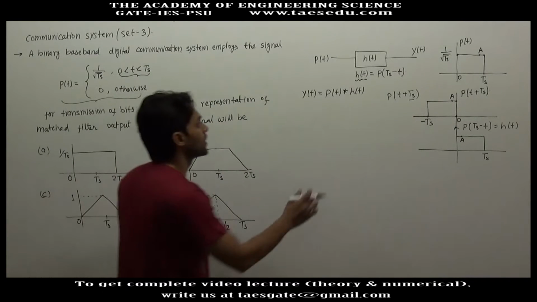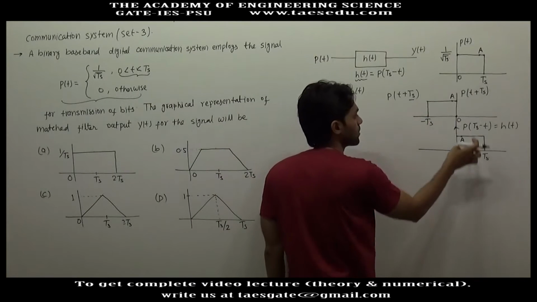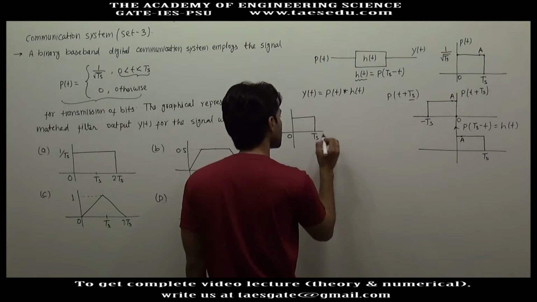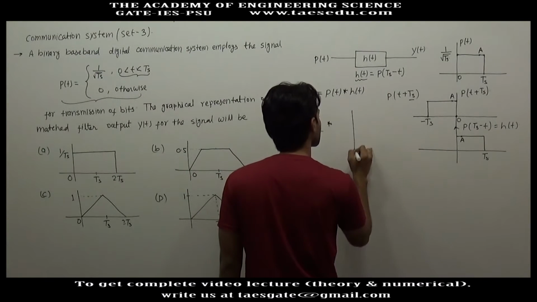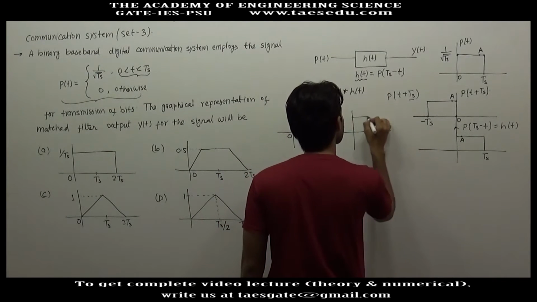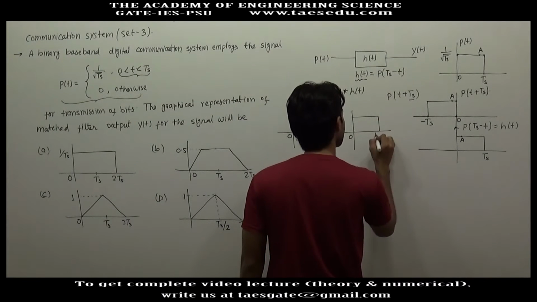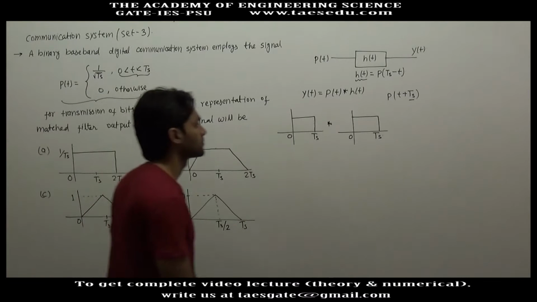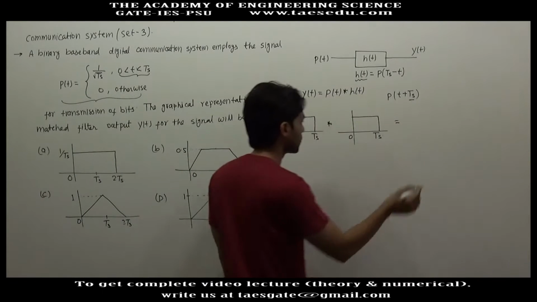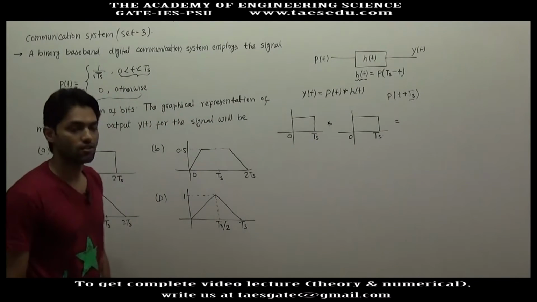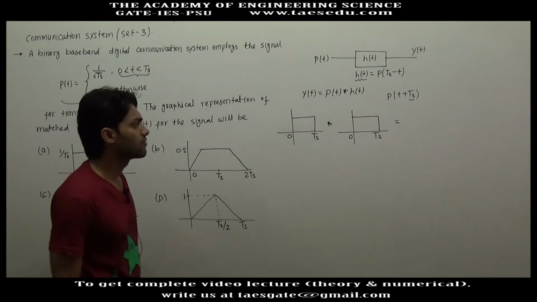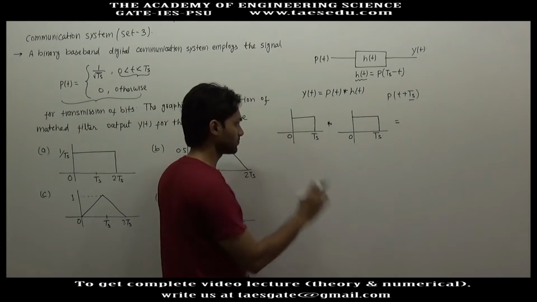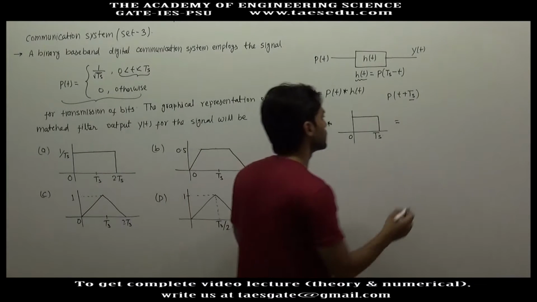Okay, now we have to find out the convolution of this graph with this graph, 0 to Ts convolution 0 to Ts. We have already found out in the lectures of signals and systems the convolution of these two graphs many times.